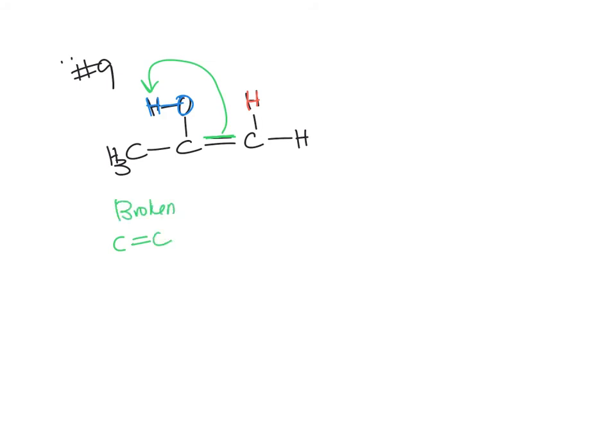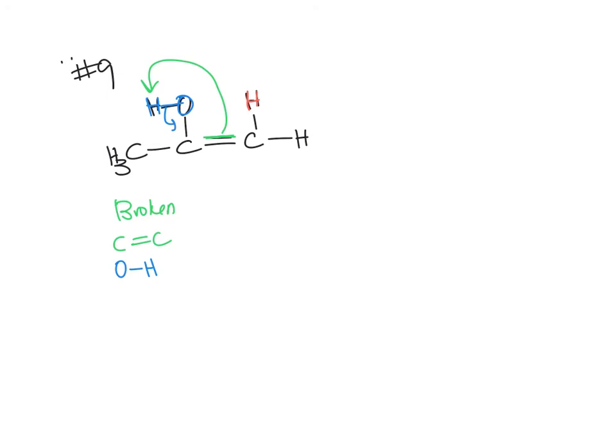What bonds are being broken in the vinyl alcohol undergoing tautomerization? Let's draw this again. We have the OH here, and the hydrogens. We've added a hydrogen and an OH, so we've added water across the triple bond. It's asking what bonds are being broken in the vinyl alcohol undergoing tautomerization. This C pi bond is being broken, and then the OH bond is broken.